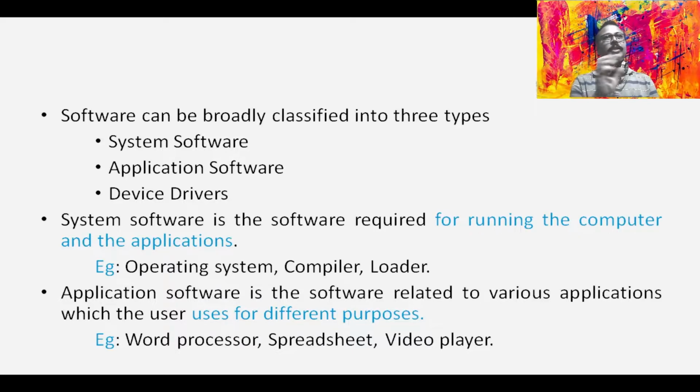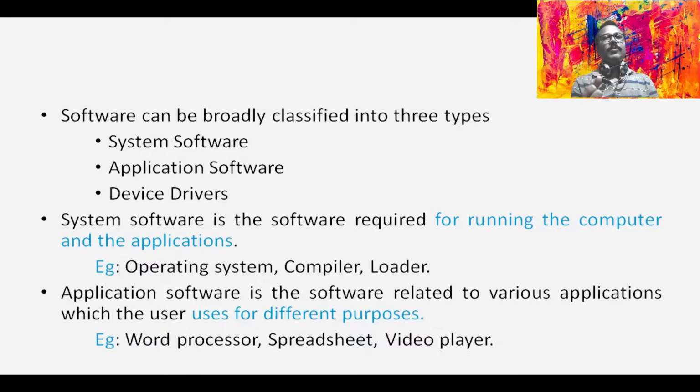The main examples are the operating system and the compiler. The operating system and compiler provide us the environment in which we can make effective use of the computer. We'll go into those details.